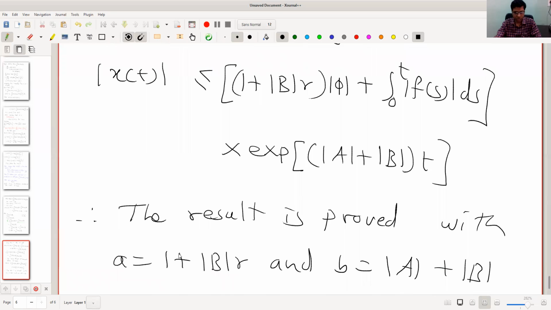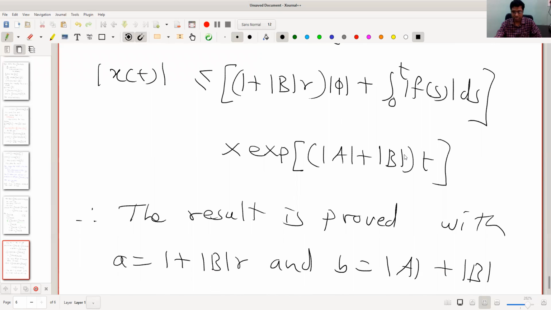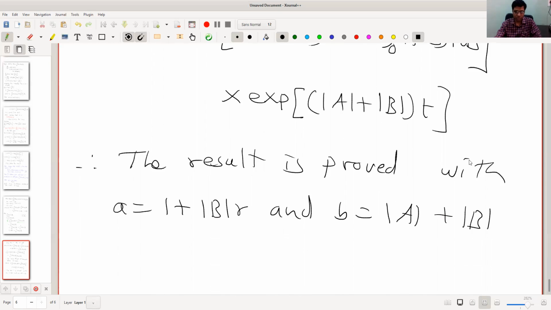This 1 plus mod B r into e raised to this thing is common, so we are taking this outside. Here the term is absent, but we can write less than or equal and put this term which is bigger than 1. Let me write 2 more steps.